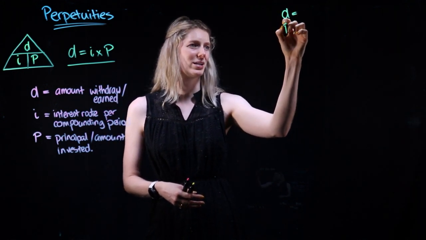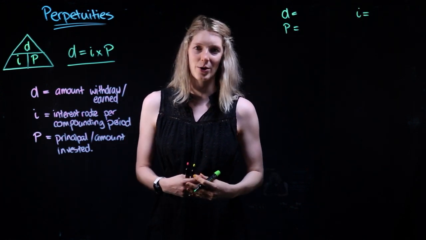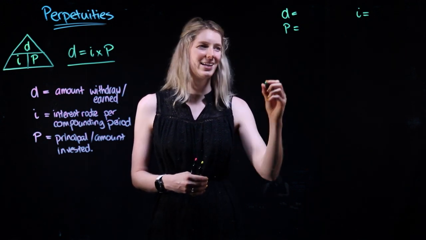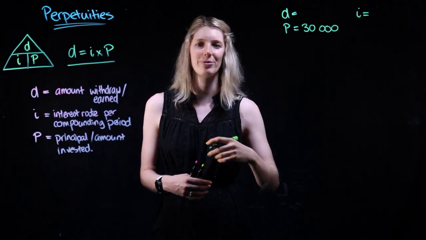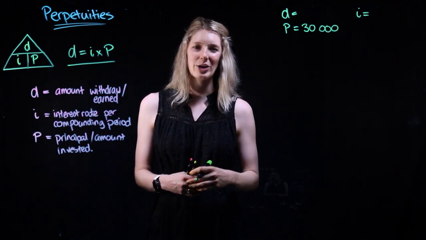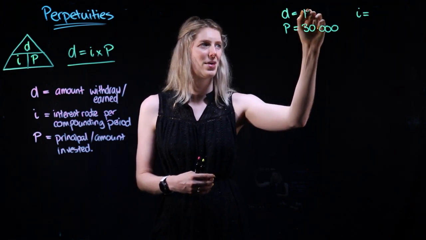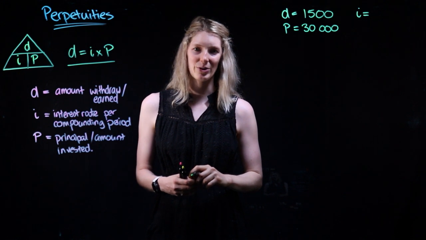Now, as always, we are going to start by defining which of the three variables we've been given in the question. We've been told initially that there is $30,000 to invest, so this will be our principal value. Then we've been told that it wants to award a prize of $1,500 to a student, so that will be our D value.